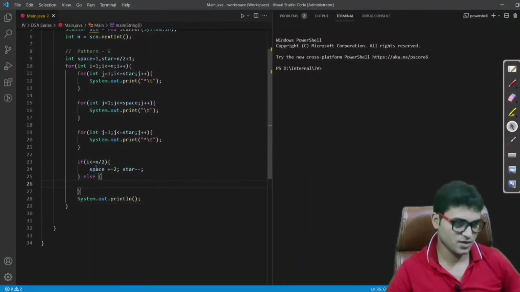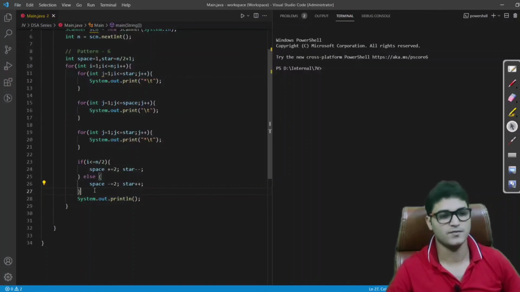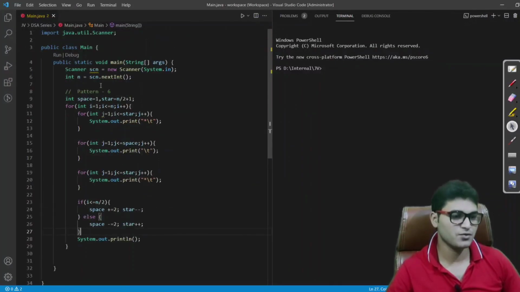In the second half we do the exact reverse: increase the number of stars by 1 and decrease the number of spaces by 2. That's all we have to do to print pattern 6.